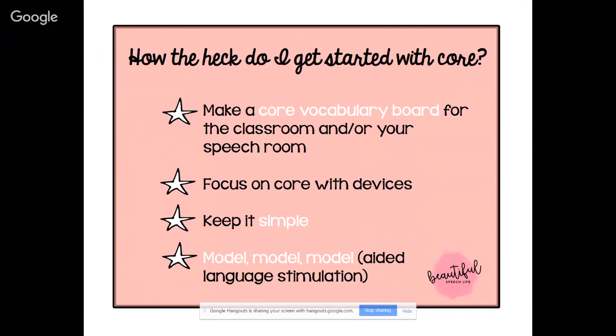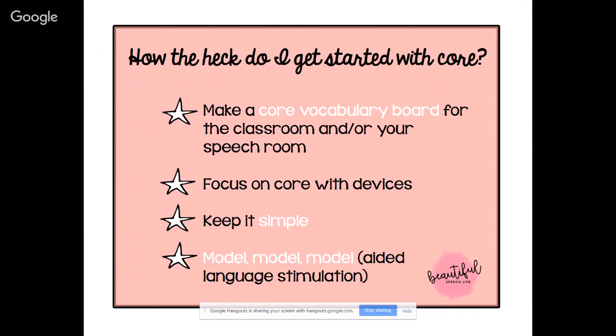So here's a couple of ideas for you on how you can get started. I would suggest you get a core vocabulary board for your classroom and your speech room. I like to have them everywhere. I have one that you can purchase on Teachers Pay Teachers, or if you Google it, you can figure out how to make one on your own. And I'm sure there are other ones out there.